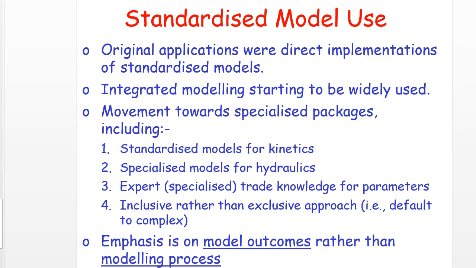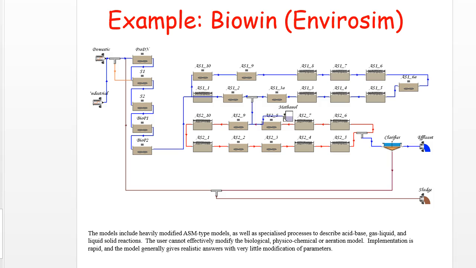But some of these commercial models are also more graphical and more easy to use. So for instance, here we have an example, BioWin, or EnviroSim it's called, where you put in all the different steps of a big wastewater treatment plant, and you can simulate everything, and you can put some of these standard models we've already discussed into the different boxes.